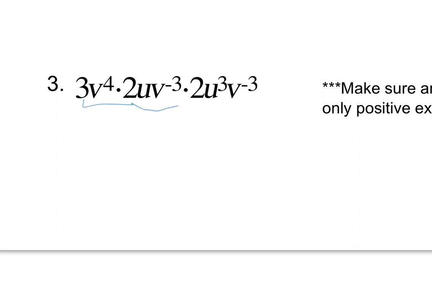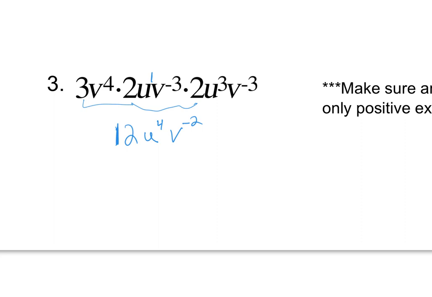Three times 2 times 2, 12. We've got 12. I like to go alphabetical order, so U. How many U's do we have? 4. Understood to be a 1. 1 plus 3 is 4. Ooh, V's. 4 minus 3 minus 3 is negative 2, right?